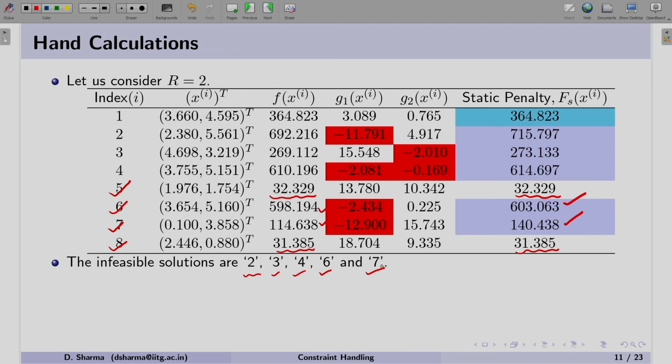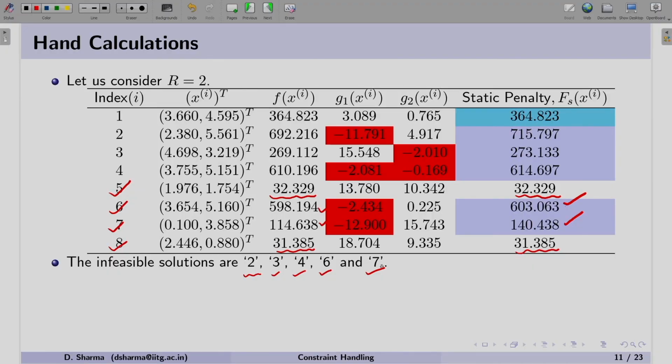Now, as we remember, in this particular approach we have to find the value of lambda as well. The lambda will be calculated with respect to the worst feasible solution and the best infeasible solution. So, we have to identify both of them. Let us see the table again here.